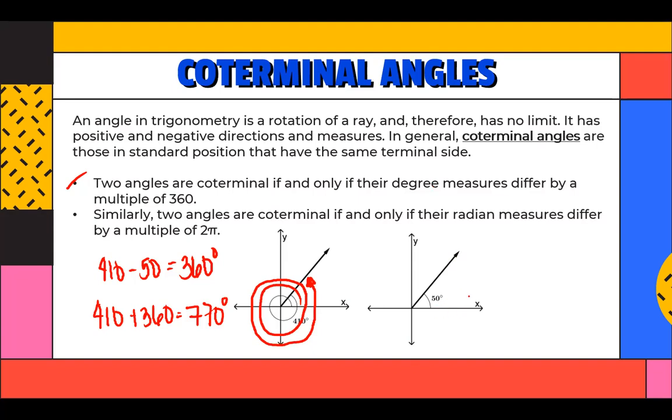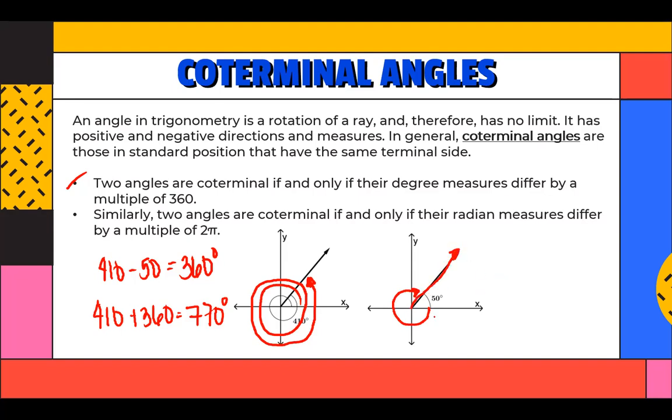How? We can do that by subtracting 360 from your given angle. Let's say we have this 50 degrees. That's our starting, or our given angle. So we will be finding the negative angle for this. The rotation of our angle is going clockwise, and this is its terminal side.